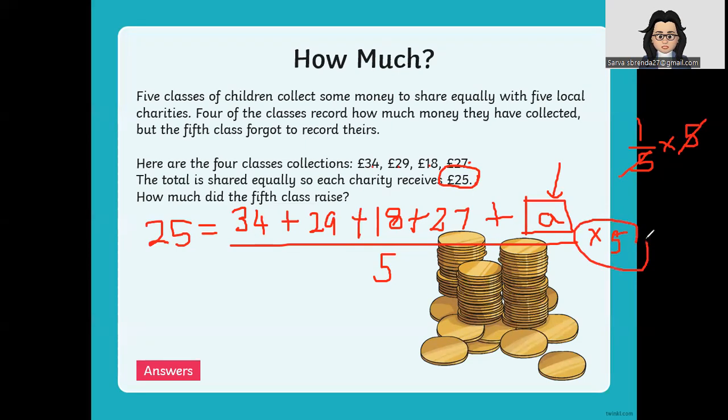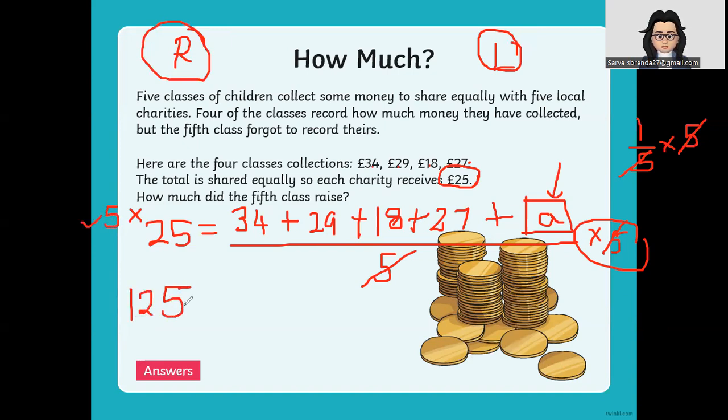So if I times 5, this 5 will disappear. But the rule here is, what you do on the left, you must also do on the right. So 25 is also going to times with 5, and that gives me 125. 25 times 5 is 125.